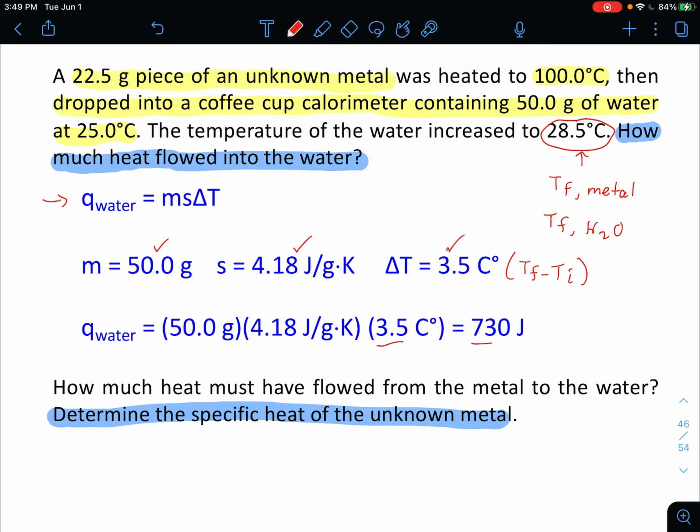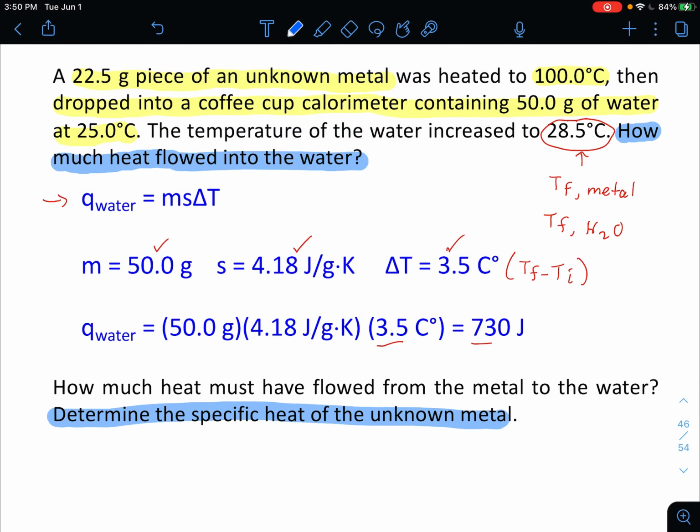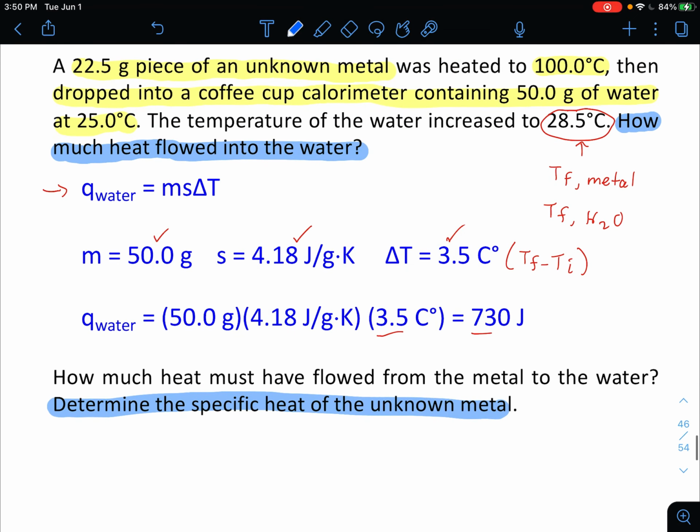So then in the next part, it says, how much heat must have flowed from the metal to the water? Well, this is an important thing to think about as well, right? The only cause of the water receiving 730 joules of energy was the hot piece of metal that was dropped in.